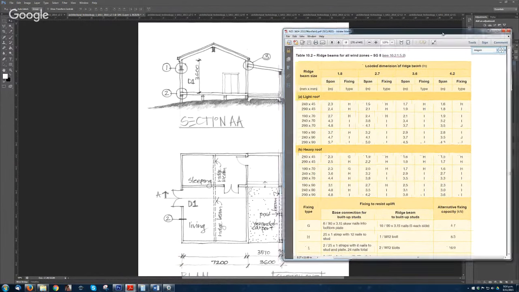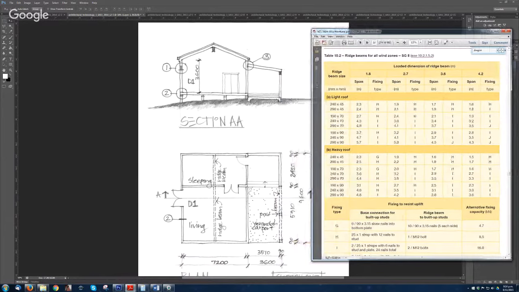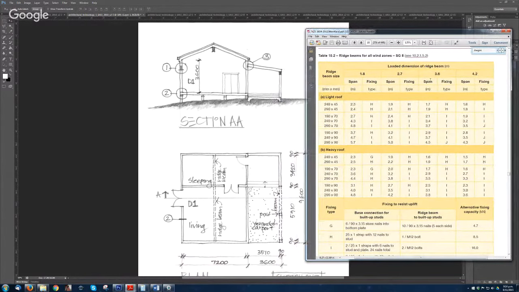And look at the span, that's the length of the ridge beam. And we know it's going to be 3.420. So you go down, 2.1, 3.4. Well, you need to be bigger than that, so it's going to be 3.7, and then you go to the left side.